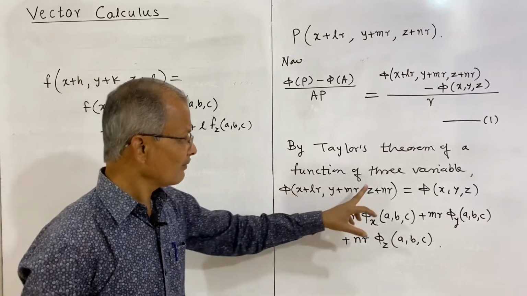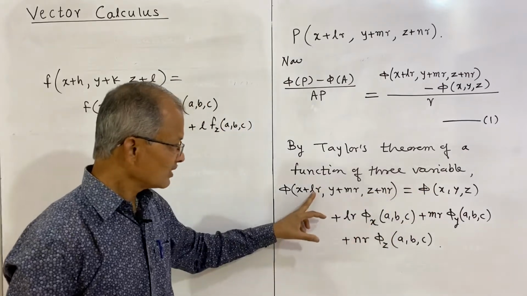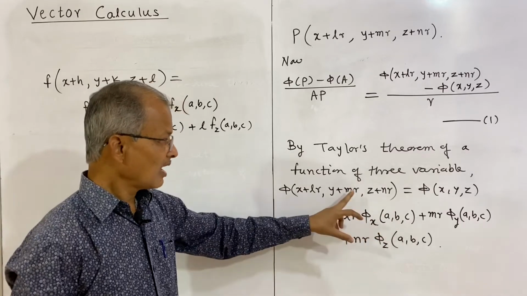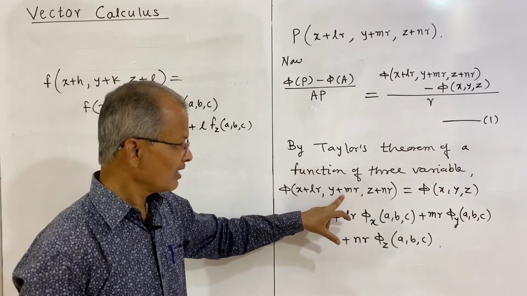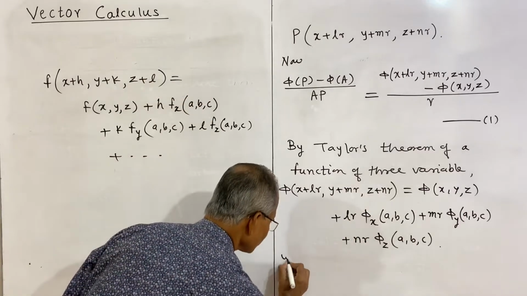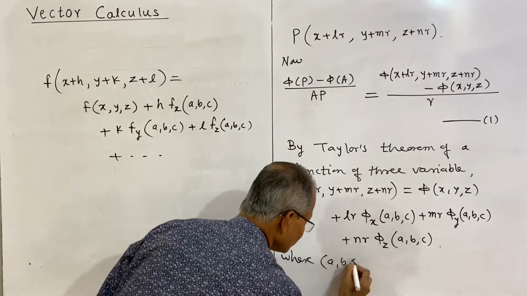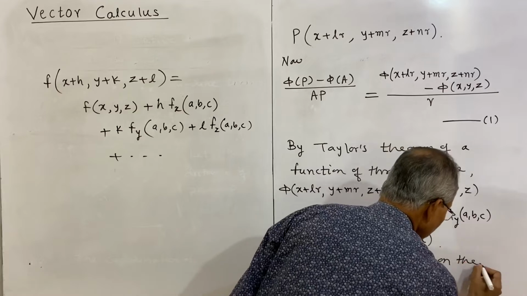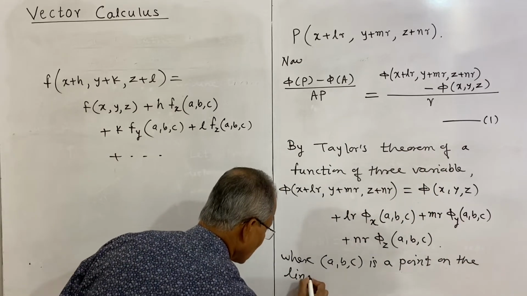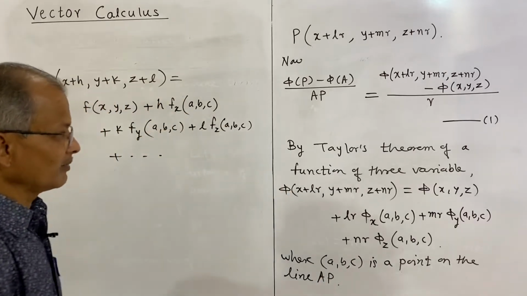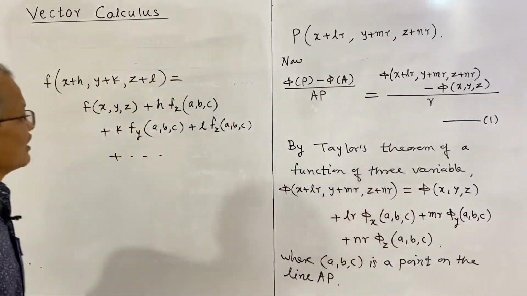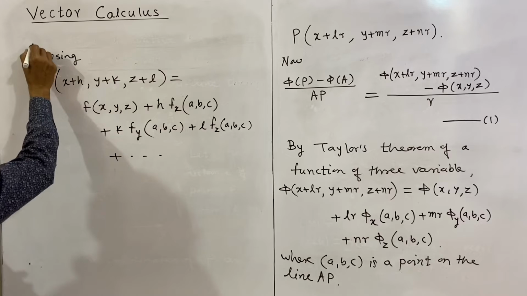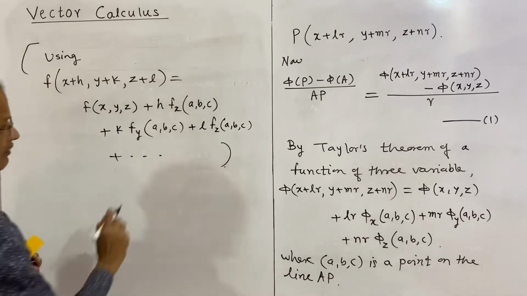So first it is phi of x, y, z plus this l r into the partial derivative of phi with respect to x at some point ABC, and plus m r partial derivative of phi with respect to y, etc., where ABC is a point on the line AP between A and P, that means joining x, y, z and this point. So this is for our reference.